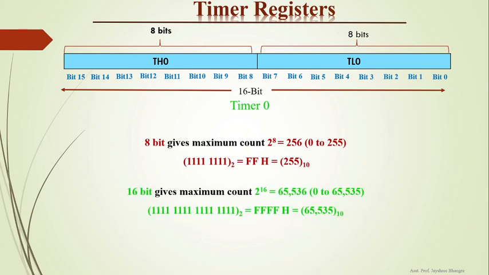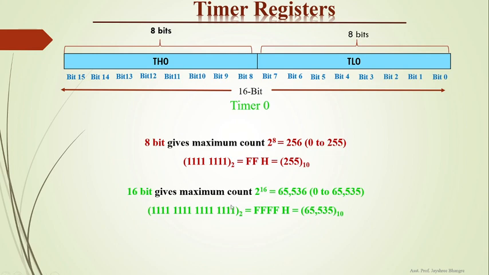And if we are using this timer as a 16-bit timer, the maximum count is 2 raised to 16, equal to 65,536. That means it counts from 0 to 65,535. So 65,535 is nothing but the maximum count of the 16-bit timer.